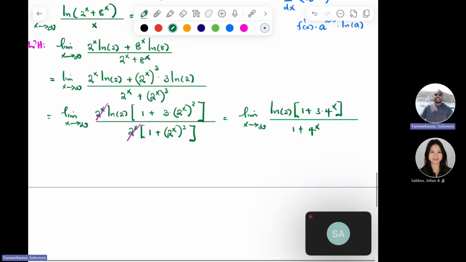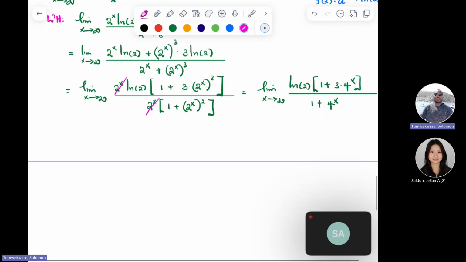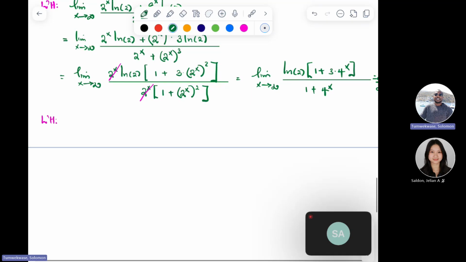Now, if I take this limit clearly, I'll still have an infinity over infinity, and therefore I need to take a second L'Hopital's rule. Now, when I take the second L'Hopital's rule, I'll have limit as x approaches infinity, right? The natural log of 2 is a constant, so I can just leave it there.